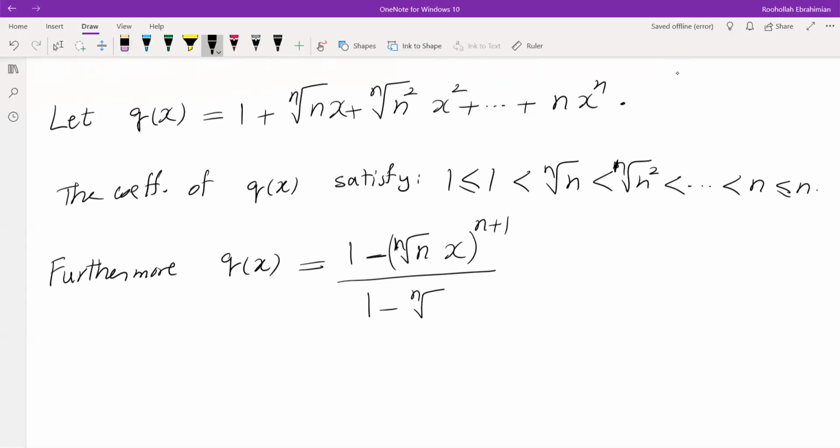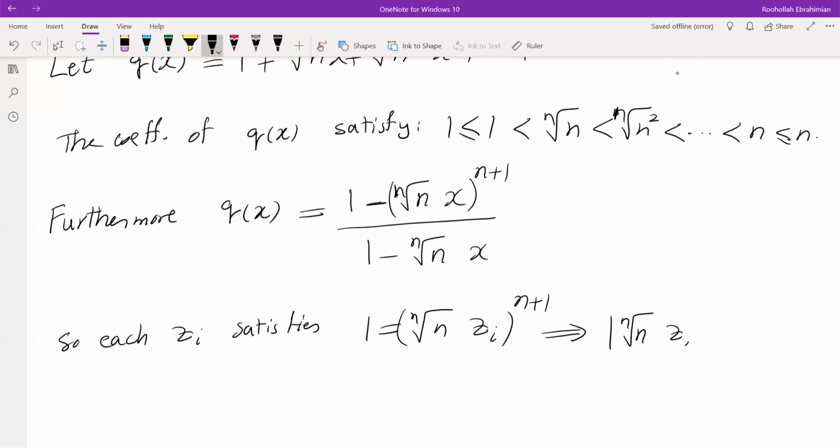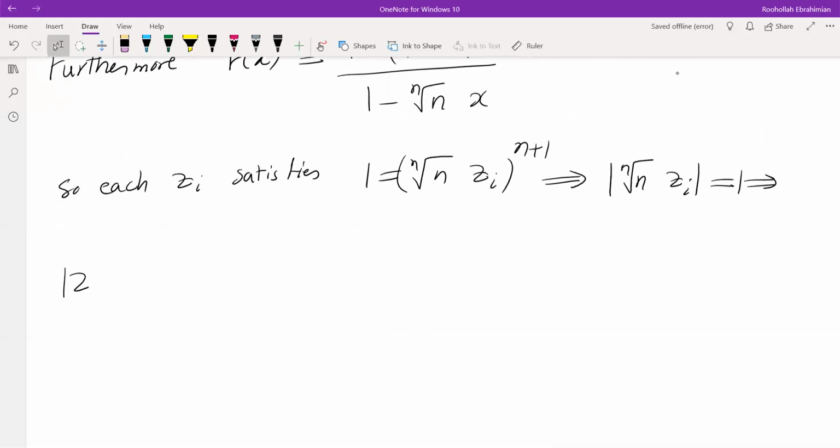So that's q of x. So each zi satisfies 1 equals nth root of n zi to the power of n plus 1, which means the absolute value of nth root of n zi is in fact 1, which means the absolute value of zi is 1 over the nth root of n.